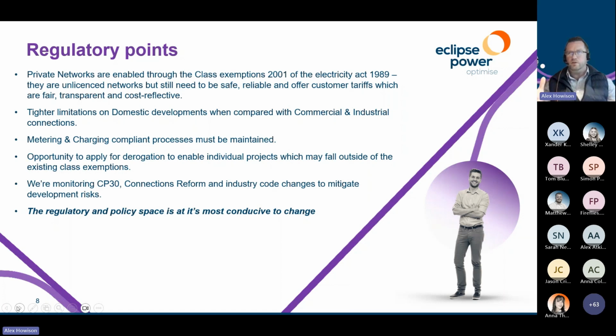Because there is a conflict there in terms of how long we know it takes to get the electrical networks in the UK up to speed to meet the required development, whether that's through net zero, climate change, AI growth, and our increasing need for flexibility, renewables, and batteries on the system, and how long it takes to build that new infrastructure, get it connected, and meet the level of due diligence needed within the licensed network space. So we are already planning some engagement to try and drive what the art of the possible is in terms of increasing the utilization of microgrids and private networks in the UK space.